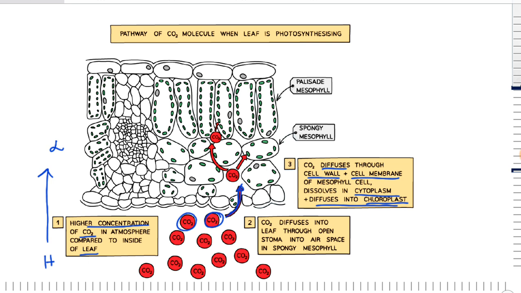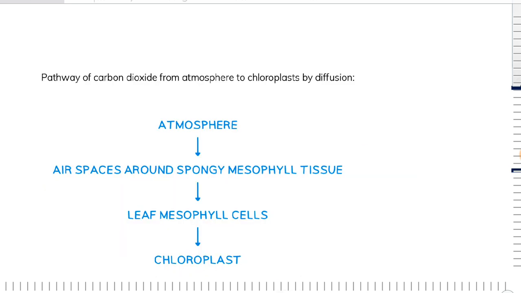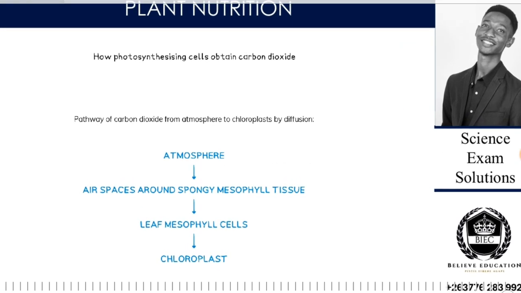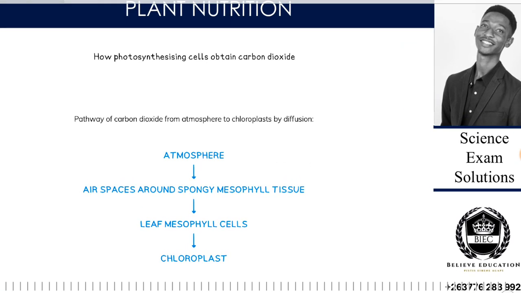It then diffuses into the cytoplasm, because the cytoplasm contains fluids. And then after that, it goes into the chloroplast, where the reaction takes place. So the pathway can be summarized like this: atmosphere to air spaces around the mesophyll tissue, to the leaf mesophyll cells, and then to the chloroplast.